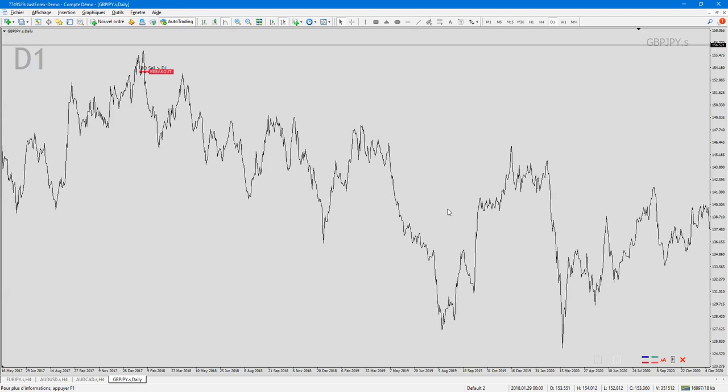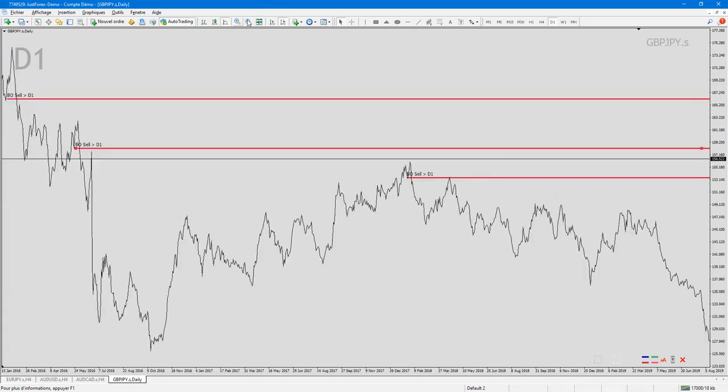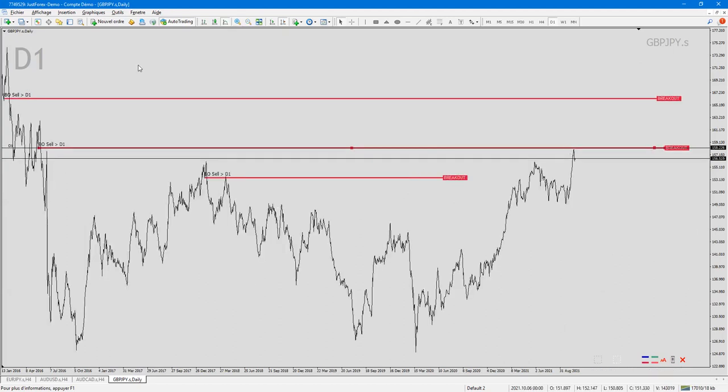Backup sell at 158. Yes, actually 158. So we have a breakout sell here, and that's why price dropped, right?